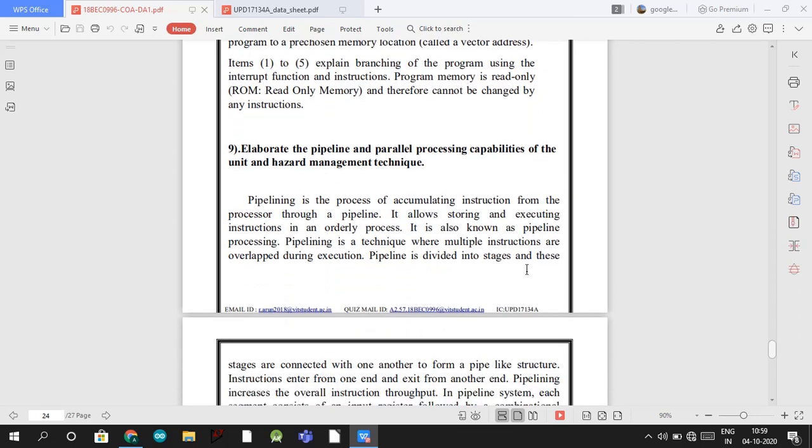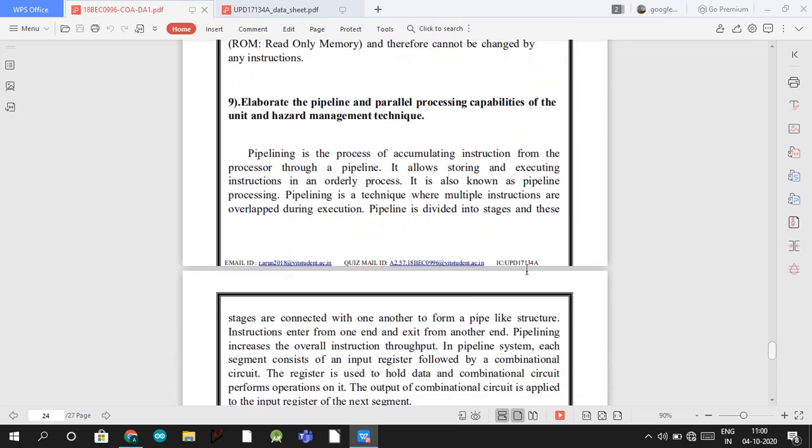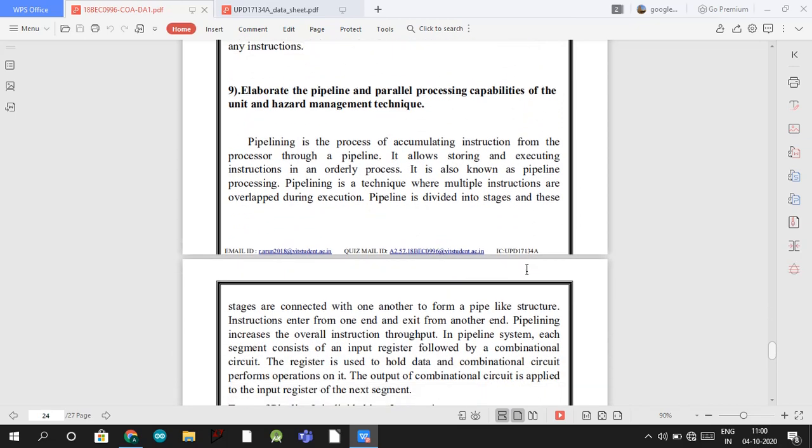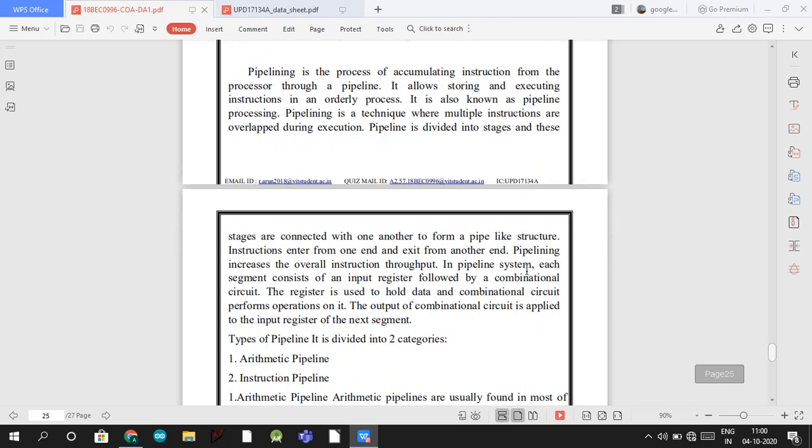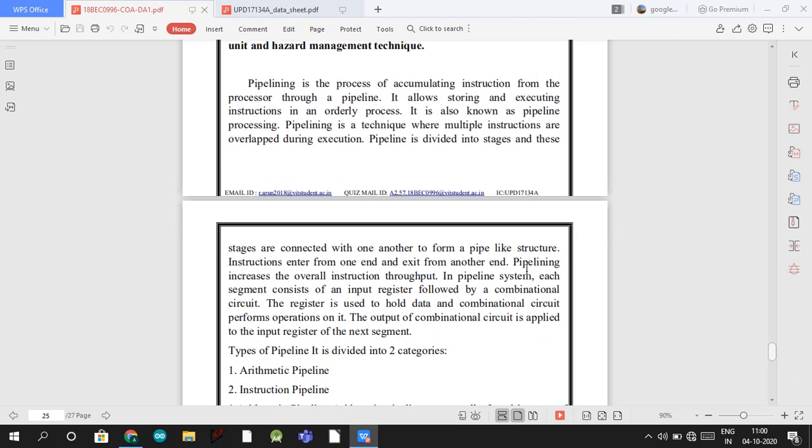Okay, let's see the pipeline and parallel processing capability and the hazard management techniques. Here you can see pipeline. Pipeline is the process of accumulating instructions from the processor through the pipeline.